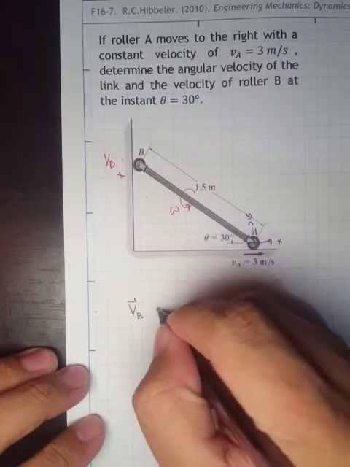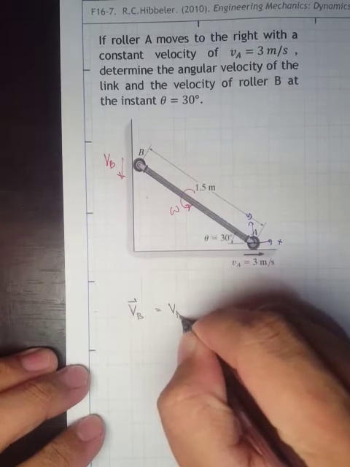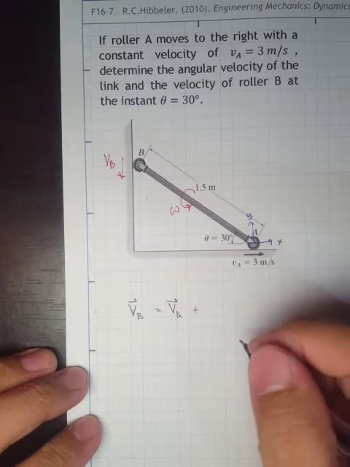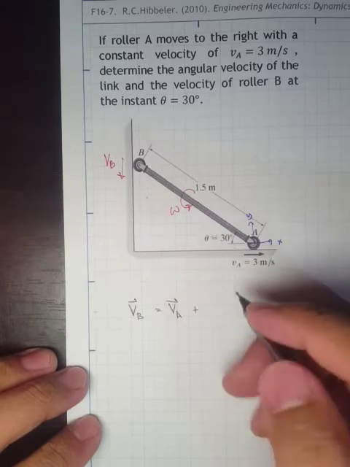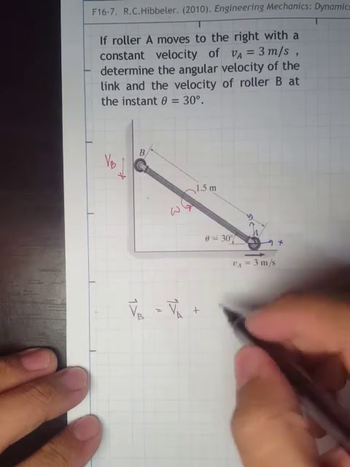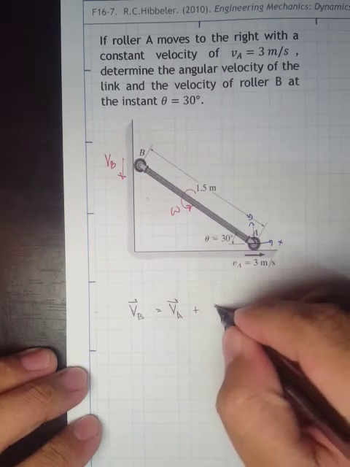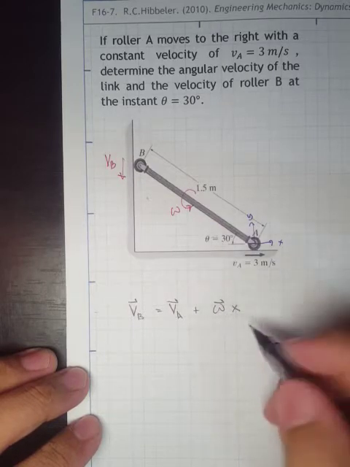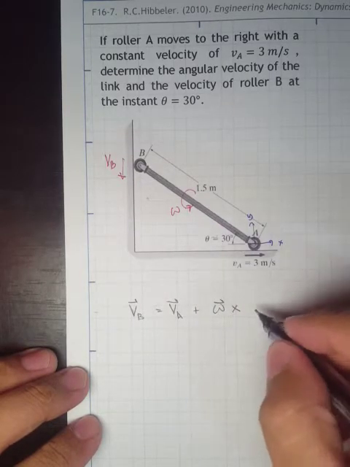The velocity of B is equal to the velocity of A plus the relative velocity of B with respect to A. This is just the cross product of the angular velocity and the position vector.